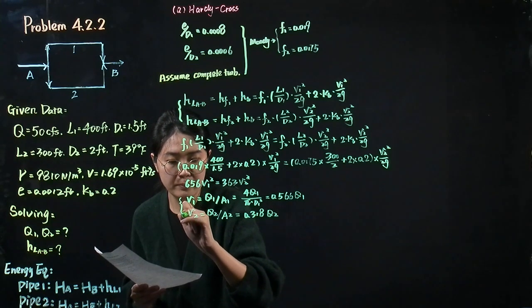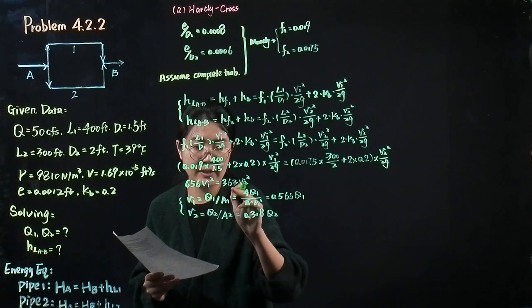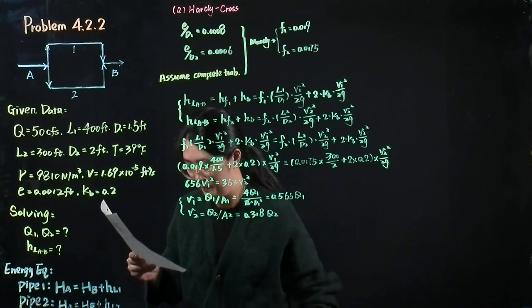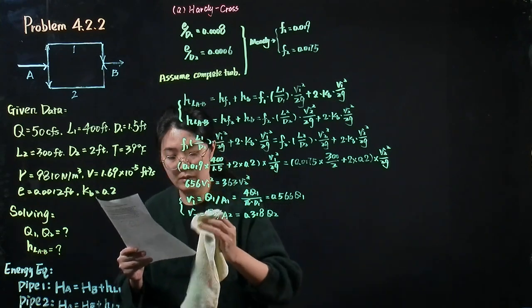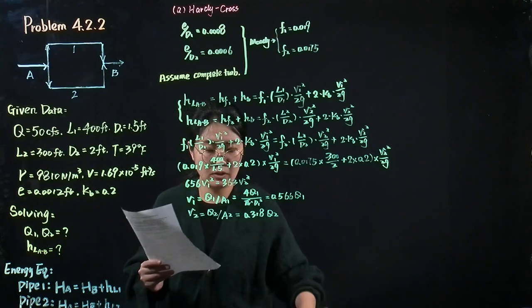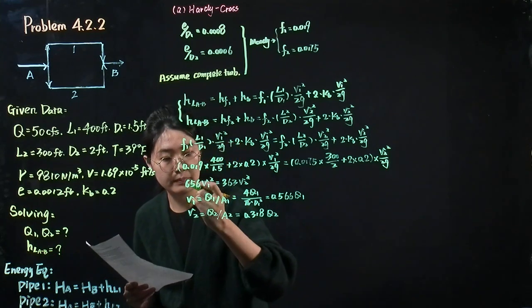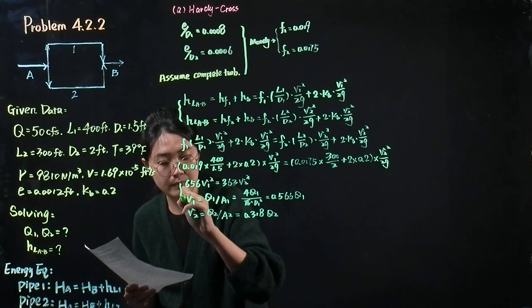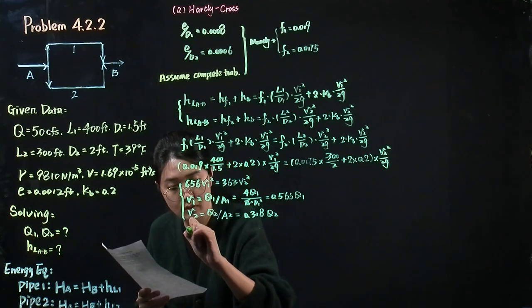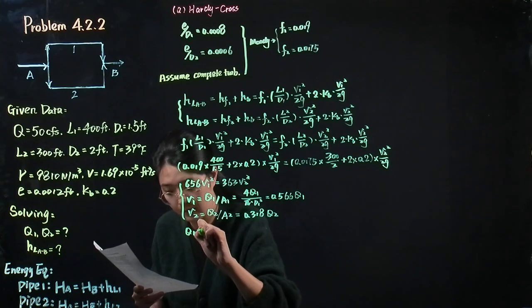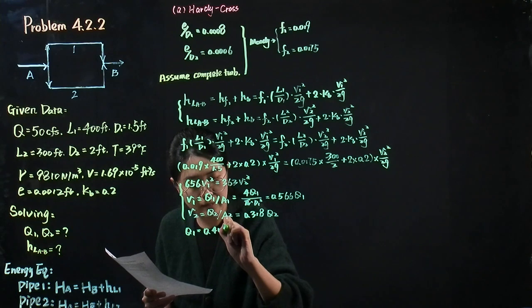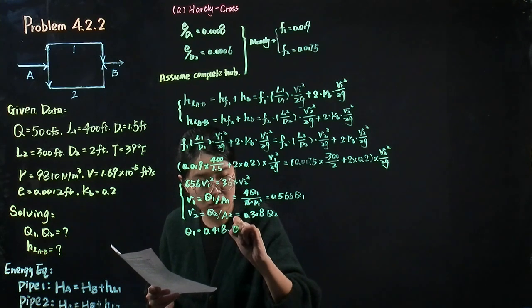Then, if we bring these two values back into this equation, we can solve the relationship between Q1 and Q2. Q1 equals 0.418 times Q2.